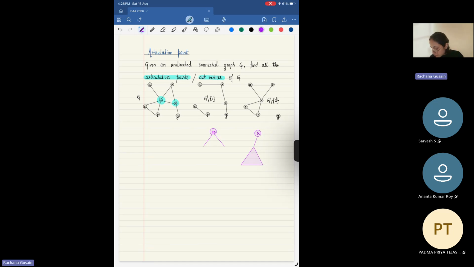They can be more than two as well. Let me just draw two children. Now, can you quickly answer whether the root node U I have here is a cut vertex or not, based on the number of children it has?